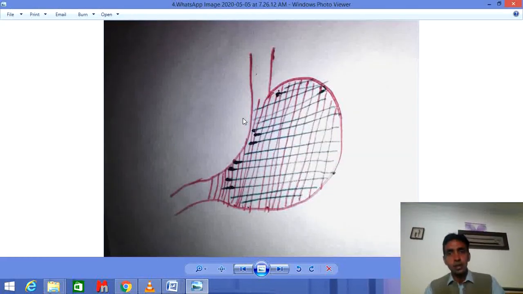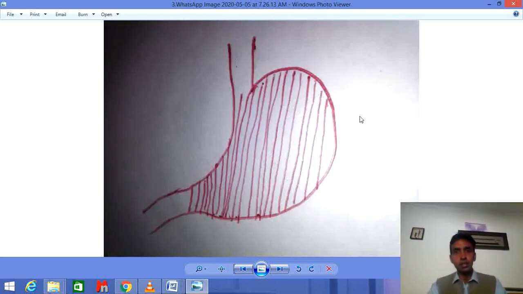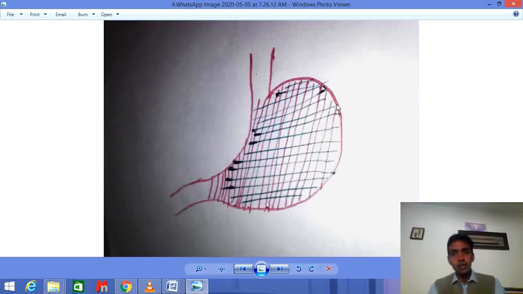After the longitudinal smooth muscle, the longitudinal smooth muscle is present in the outer layer. In the middle layer, this is the transverse smooth muscle.